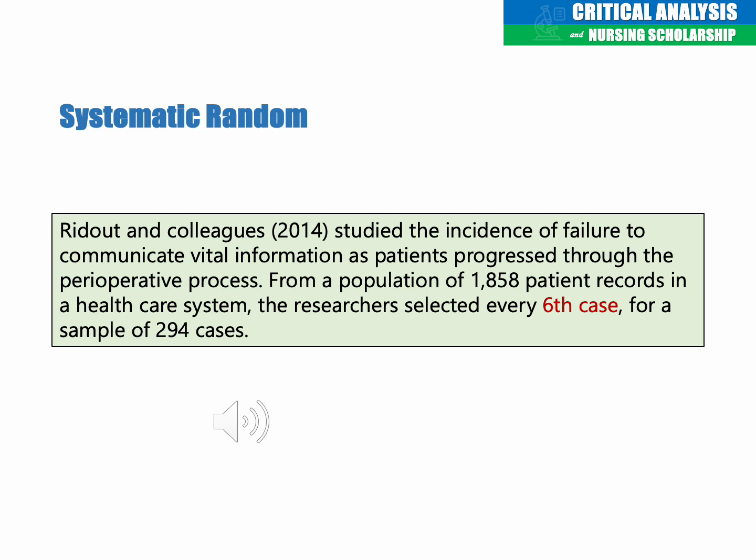A study conducted on the incidence of failure to communicate vital information as patients progress through the perioperative process. From a population of 1,858 patient records in the healthcare system, the researchers selected every sixth case. Hence, this is a systematic random sampling.